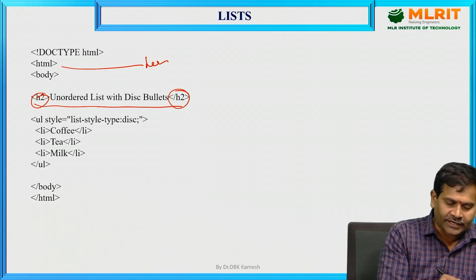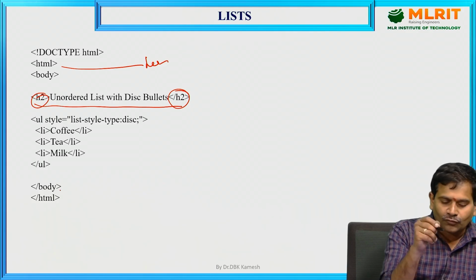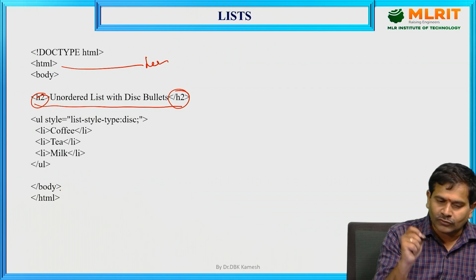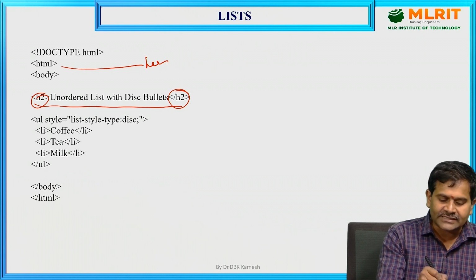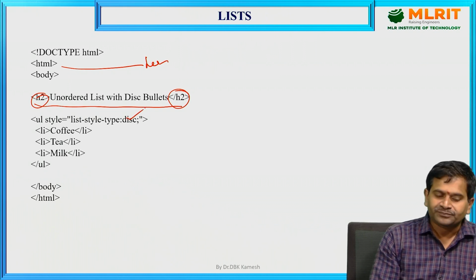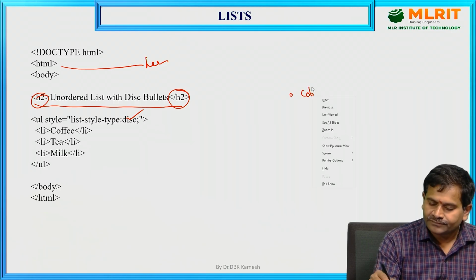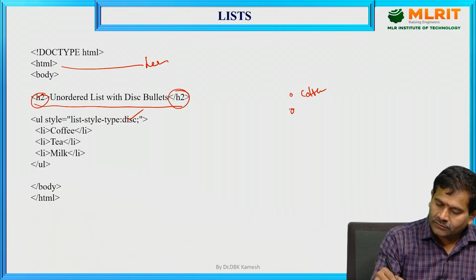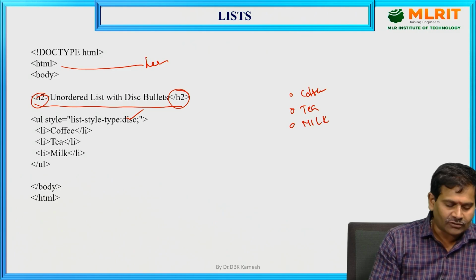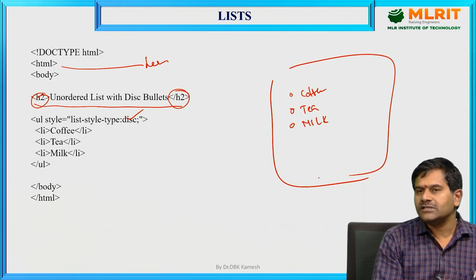In the body part we have given only one type, the list type disk, again with coffee, then tea, then milk, displayed on your web page.